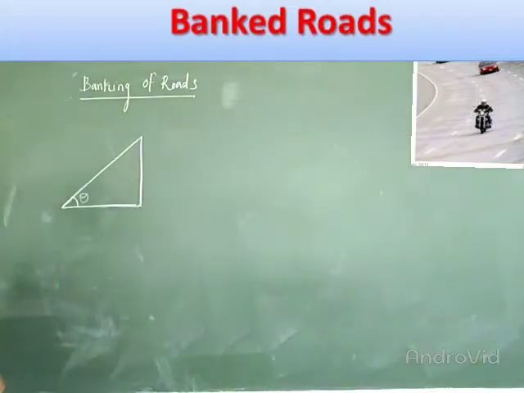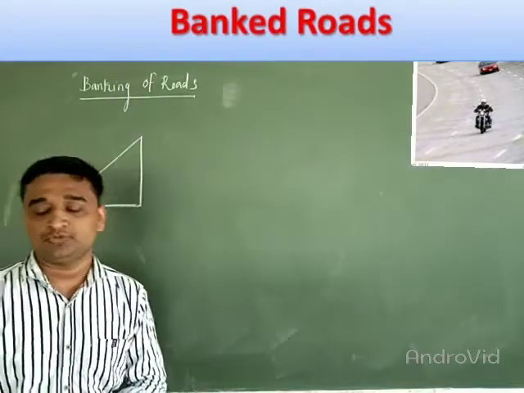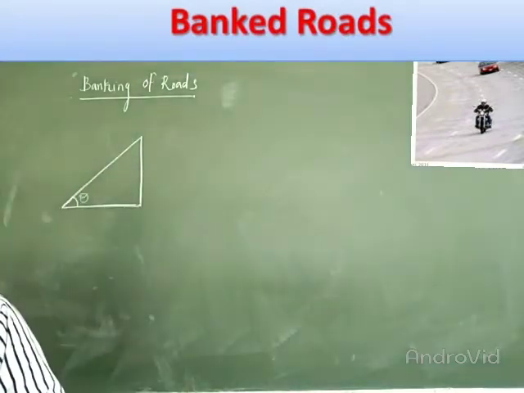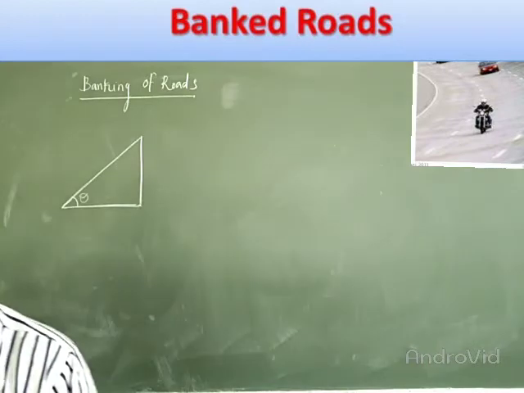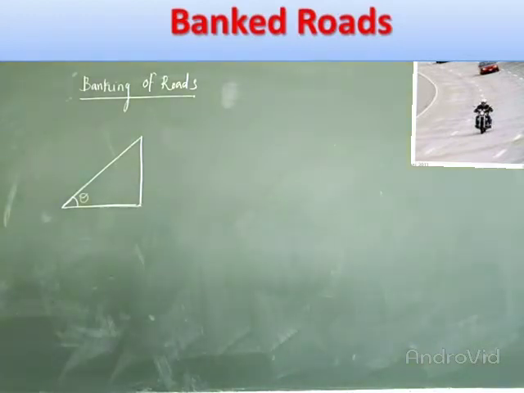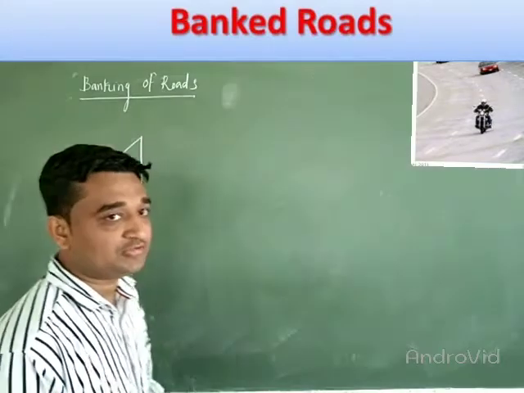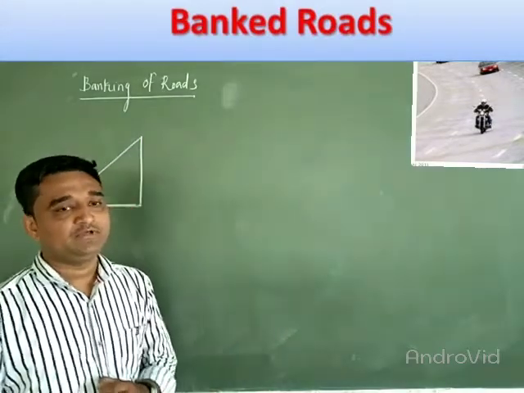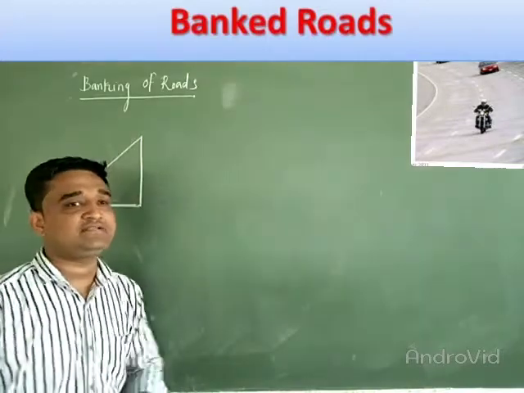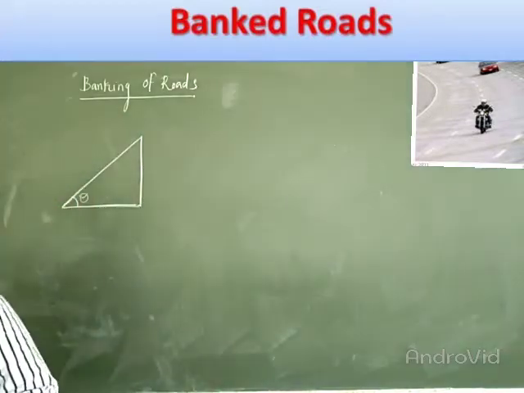Now, the next point we will discuss is the banking of roads. That means about circular motion. We are discussing examples of circular motion by taking the example of banking of roads, right? The motion of vehicles along a curved path is also a circular motion.